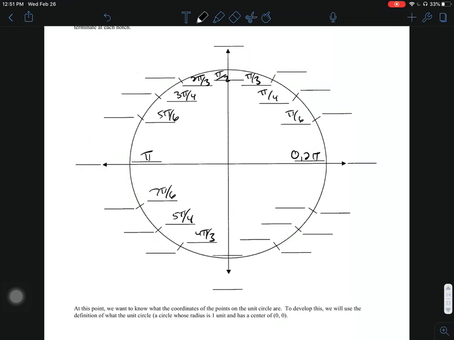Yes, we just did this on the other side. 3 pi over 2, 5 pi over 3, 7 pi over 4, 11 pi over 6.